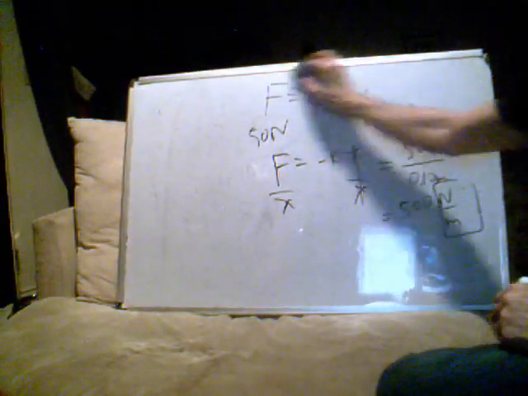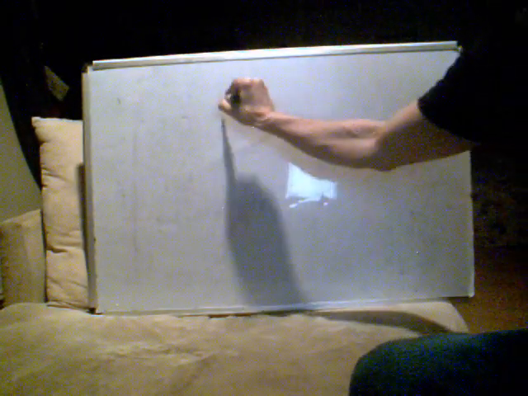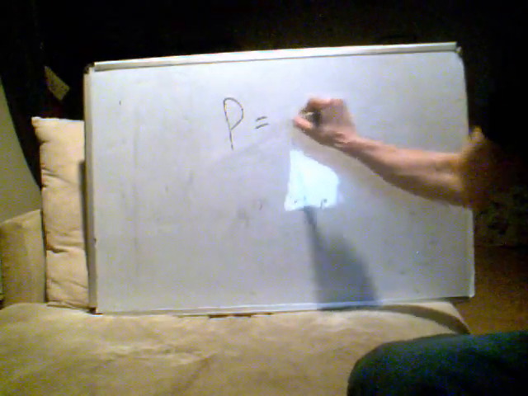Okay, let's talk a little bit about fluid pressure, shall we? That is the pressure in a fluid. And if you remember, if you want to think about the pressure that you feel on your eardrum as you're diving to the bottom of a swimming pool or something like that, what does the pressure depend on?